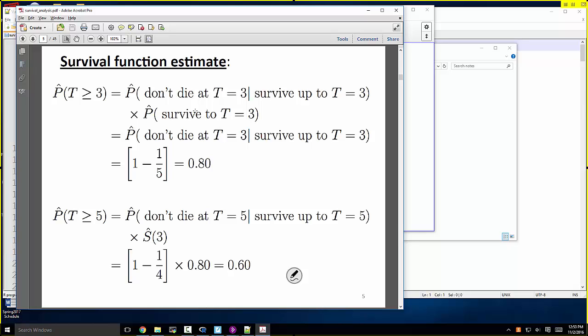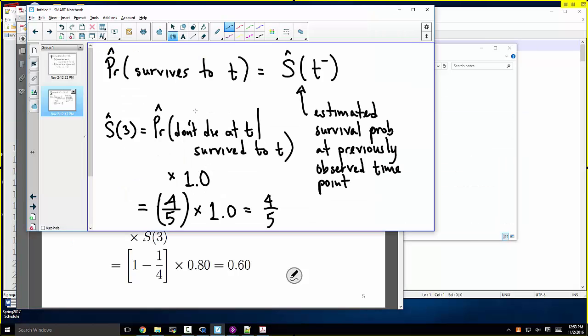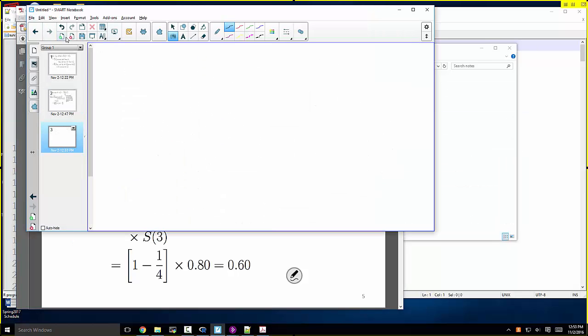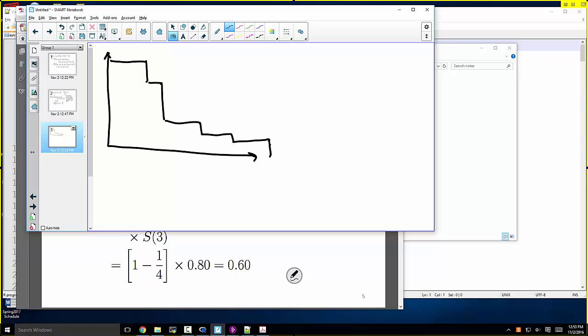With the Kaplan-Meier estimate, you do not. Kaplan-Meier always ends up looking like a step function. So wherever we didn't observe something, it's going to be flat, and we only have jumps or drops, steps, where there were observed times. That's just the way Kaplan-Meier works.